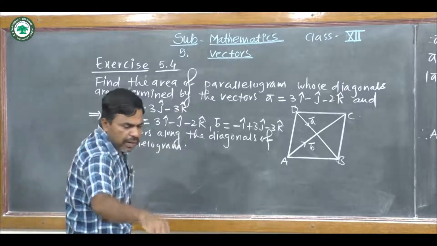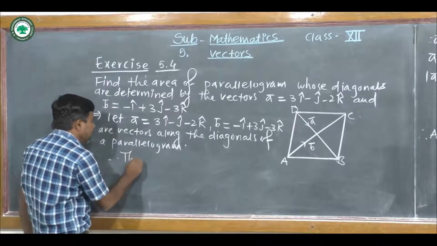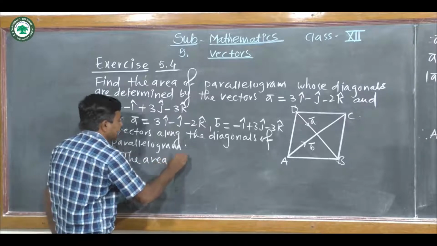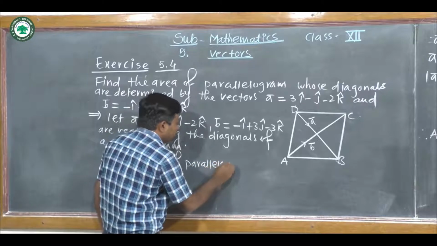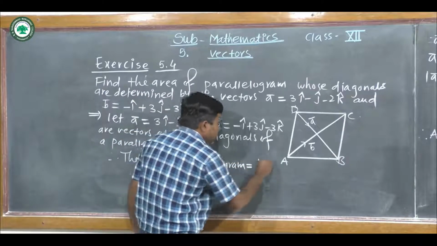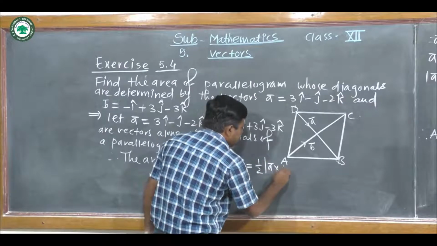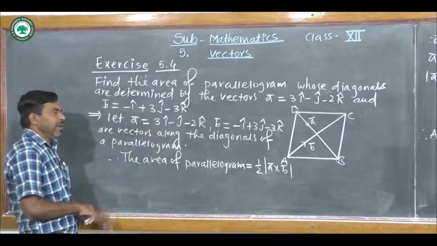As these are the vectors along the diagonals of a parallelogram, therefore the area of the parallelogram is equal to 1 by 2 into magnitude of A bar cross B bar. So let's find A bar cross B bar.